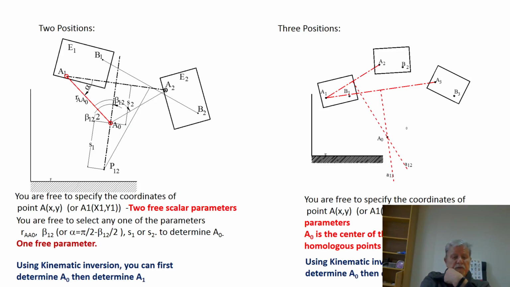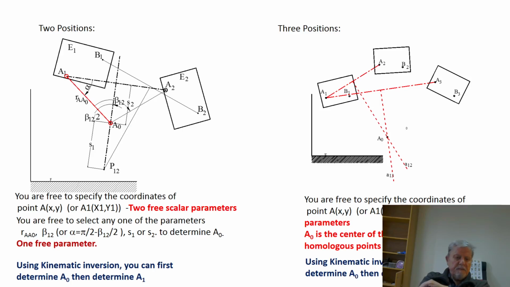Or, in fact, you can specify the crank length, A1, A0 length. Either one of them will be one more parameter. So you have three parameters that can be selected freely.